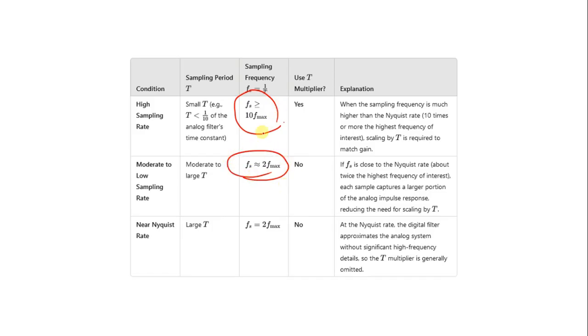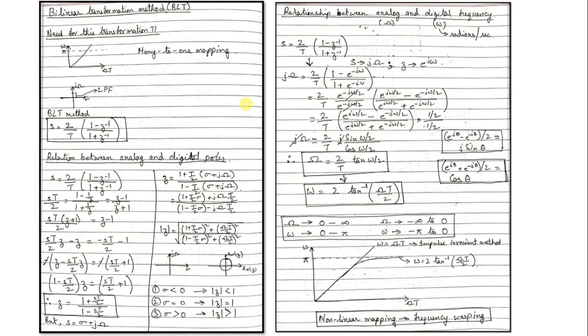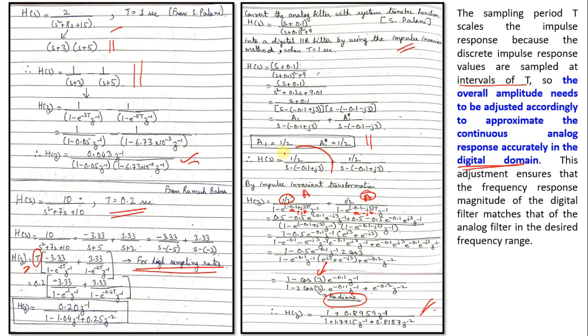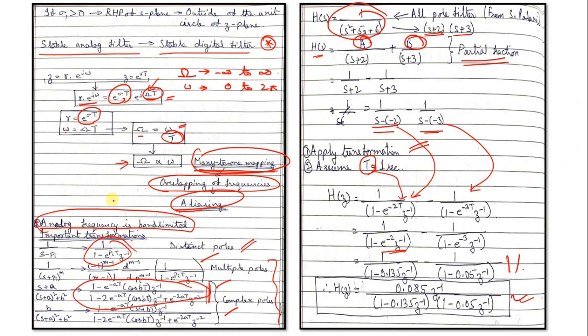But if it is more than that, then we usually apply this T multiplier. Anything we need to discuss? It is just by putting the same values, the first method itself. Here I have not included the other examples.